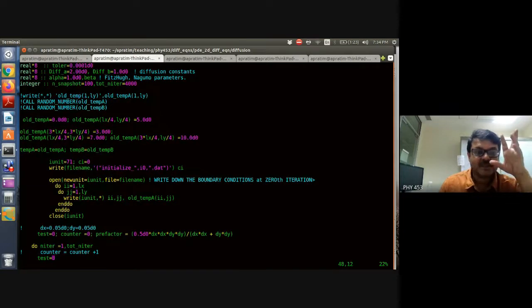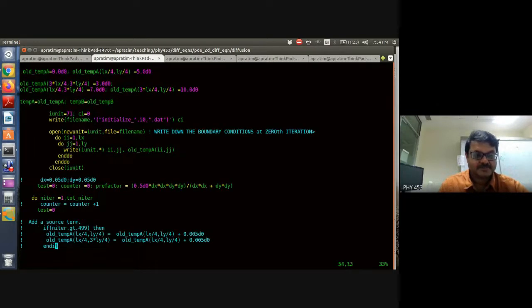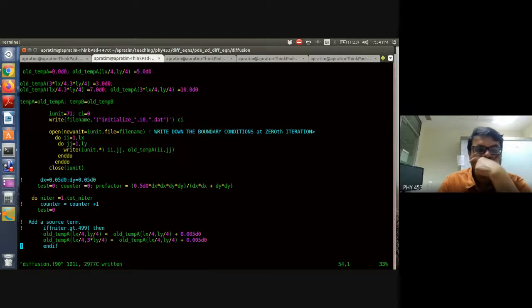We can't add too much, because you have to get your integration right also. But suppose let's add a source term, and we add a very small amount of liquid right from the beginning.